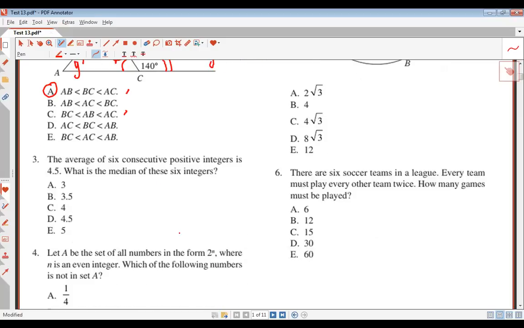Question number 3. The average of 6 consecutive positive integers is 4.5. What is the median of these 6 integers? Consecutive positive integers. The median and the mean of consecutive integers are equal.